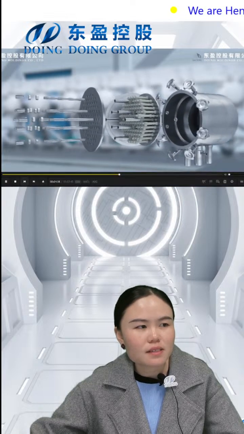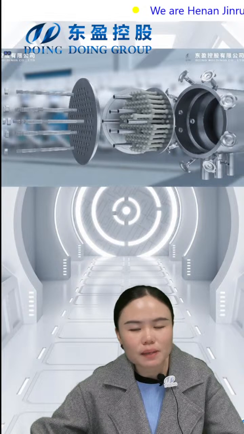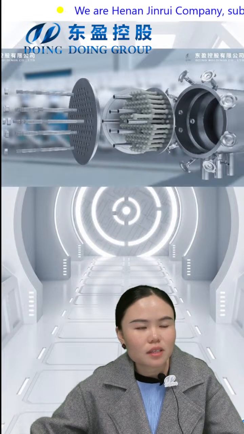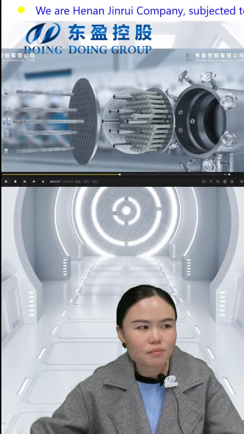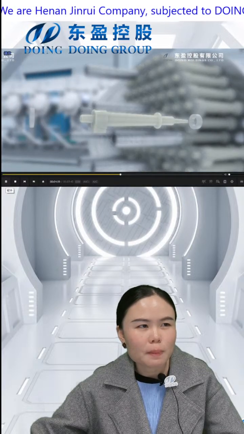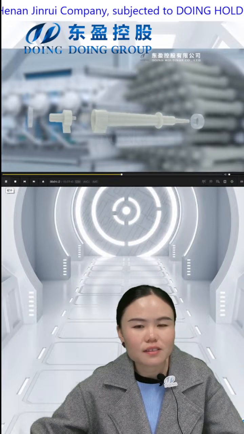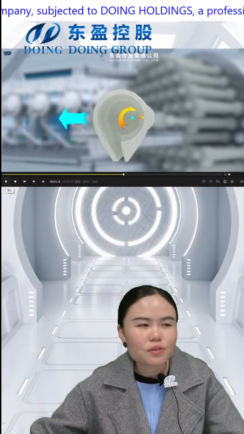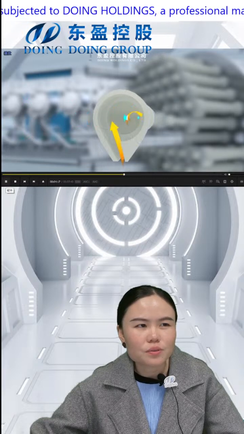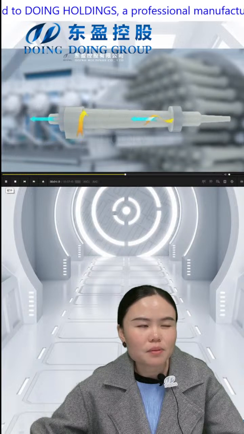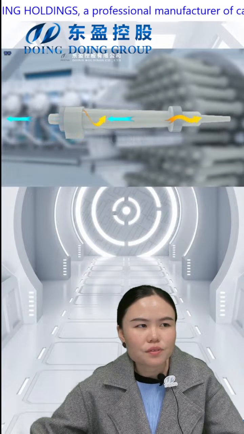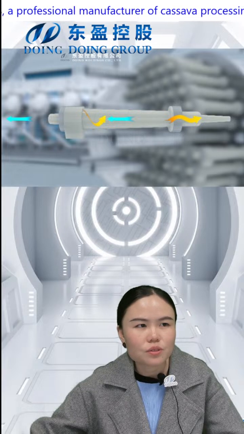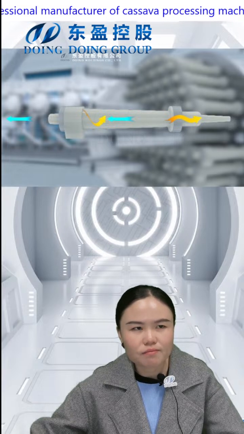We can see that inside there are a lot of white pipes. These cyclone pipes are used for the separation purpose. This is how it looks. It's our cyclone shape. So when the slurry goes into this cyclone pipe, through the centrifugal force, the material will be discharged in opposite directions.